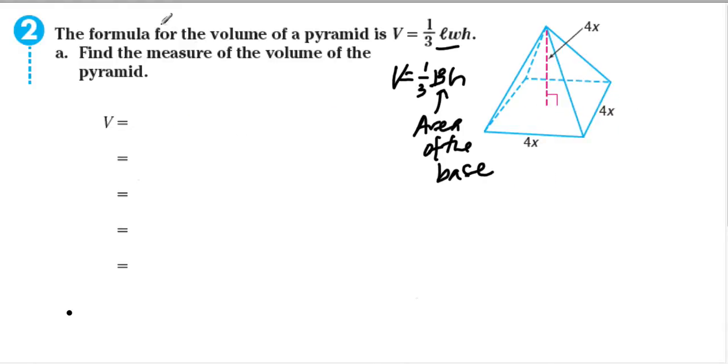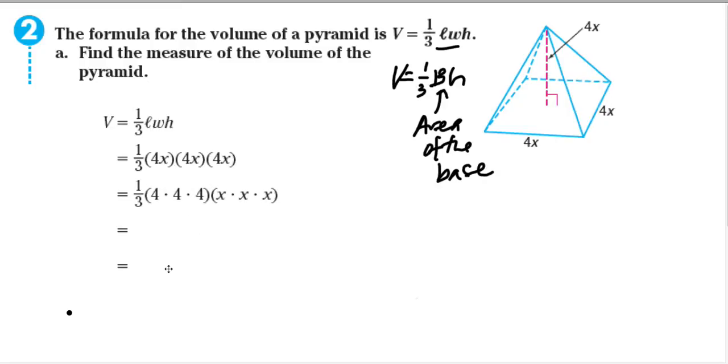Going back to our problem, find the measure of the volume of the pyramid using that formula. So we write the formula: volume equals 1/3 length times width times height. Substitute the values of length, width, and height; they all have measures of 4x.